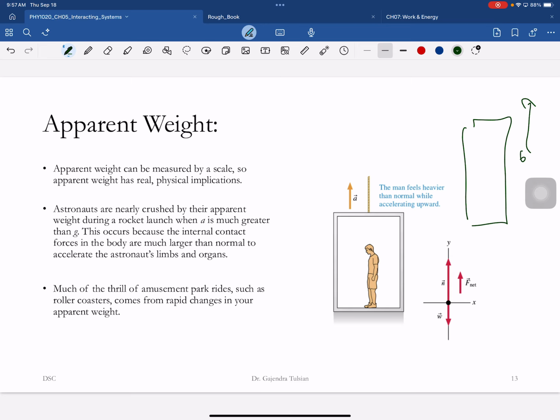What that means is, if you're an astronaut in this rocket, 1g is the Earth pulling you down, so the rocket floor has to push you with a force of 7 times your body weight.